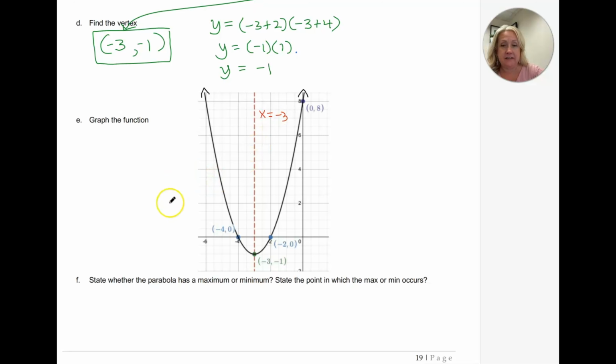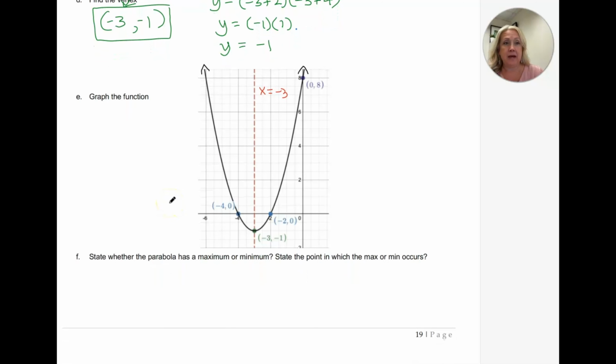All right. Now let's talk a little bit about maximums and minimums. We want to state whether this graph has a maximum or a minimum. Well, we can see that the graph starts here at the vertex and goes up and out forever. Those arrows are telling us it's going up and out forever, so there is no maximum point.